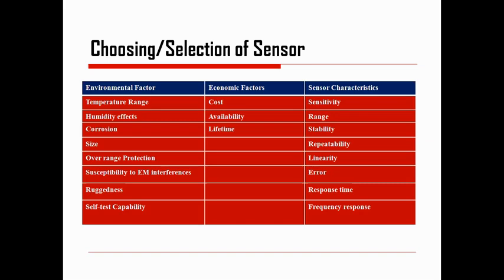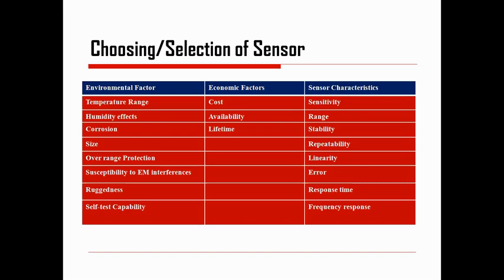These are some of the temperature sensors, some of the temperature transducers, based upon which we try to select a temperature sensor. While selecting, we have to consider up to what extent we are interested to measure the temperature, and depending on that, we select.